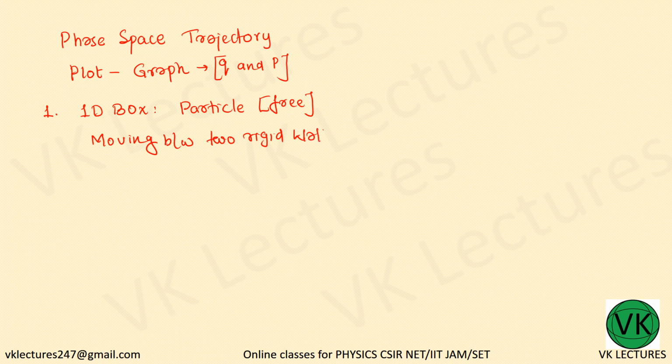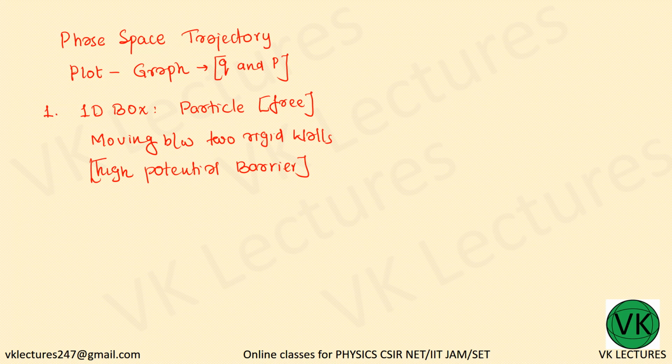The rigid wall indicates a high or infinite potential barrier. That means the particle cannot penetrate and go outside. So that's called a one-dimensional box.